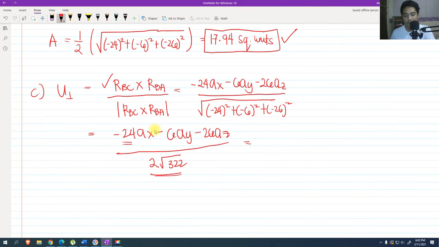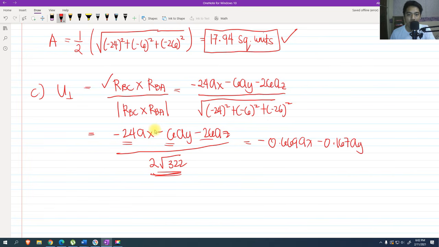If we do that, we get the value for our x component as negative 0.669 A_x. And if we divide negative 6 by this number, for A_y we get negative 0.167 A_y in 3 decimals.